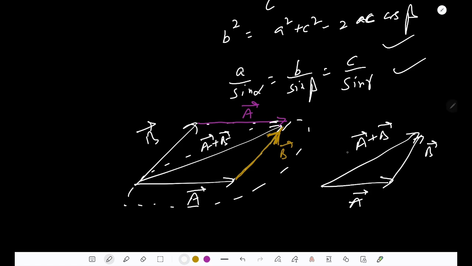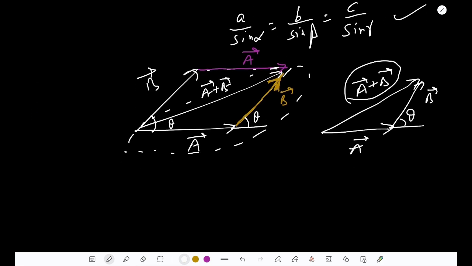This is also called the head tail method, and we get a triangle. If the angle between vector a and vector b is theta, you can see here is also the angle between a and b is theta, and you can use your sine rule or cosine rule to find the lengths of triangles.